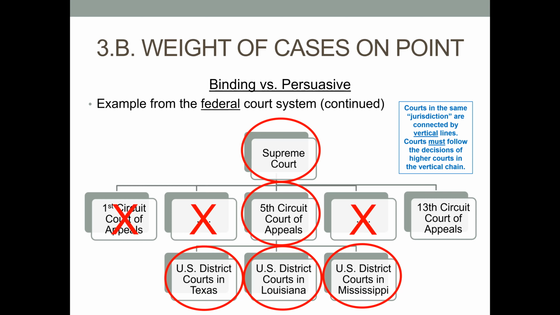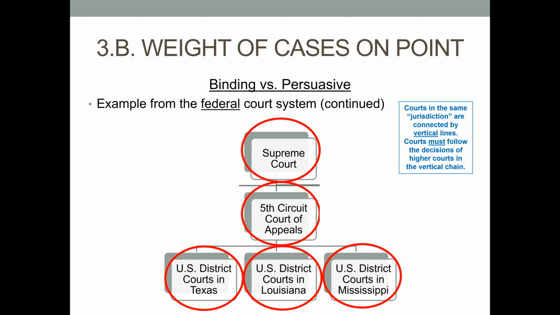And again, those opinions would not be binding on the Fifth Circuit Court of Appeals or on the U.S. District Courts sitting in Texas, Louisiana, and Mississippi. And finally, the 13th Circuit Court of Appeals, also known as the Federal Circuit, similarly would not be binding on the Fifth Circuit or the U.S. District Courts in these 3 states. So if we erase those inapplicable circuit courts of appeals, now we have a picture of the same jurisdiction when you're looking from the perspective of U.S. District Courts sitting in Texas, Louisiana, and Mississippi.